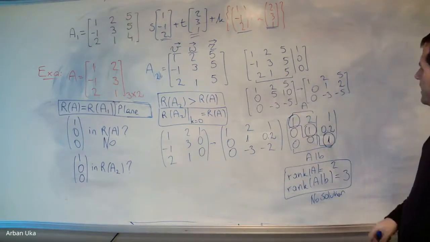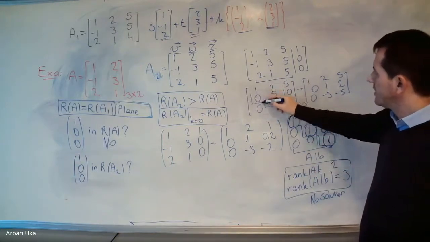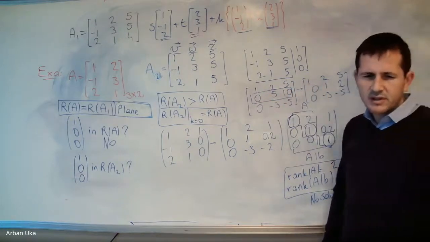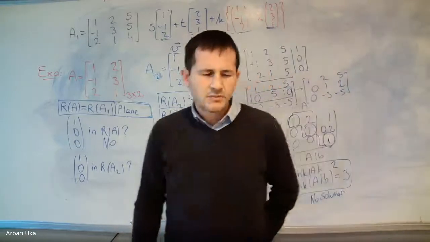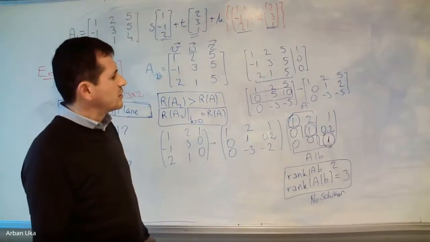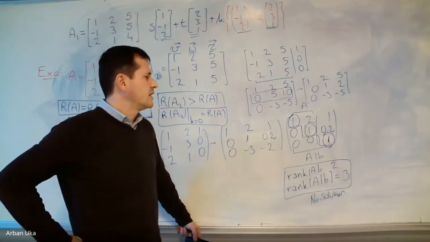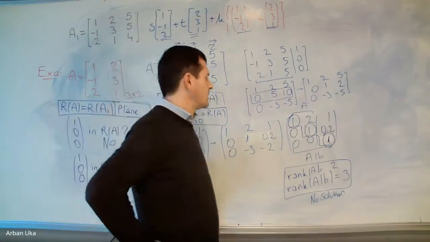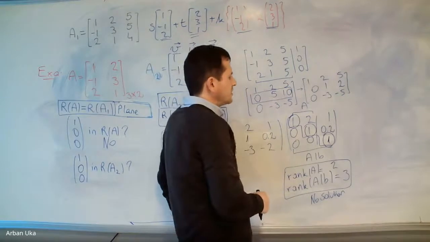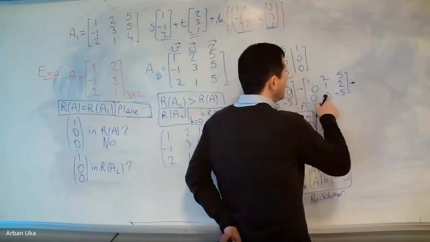Actually, the moment that we divide this row by 5, we have changed the value of the determinant of matrix A. But what we are trying to see is whether the determinant is 0 or non-zero, so we can forget that the determinant is going to change here by some factor.